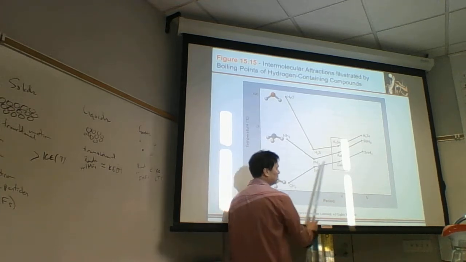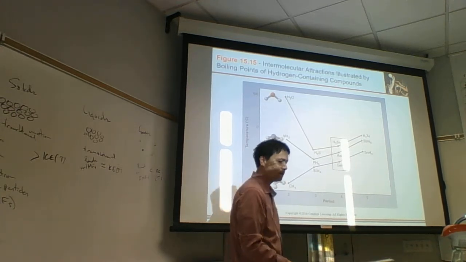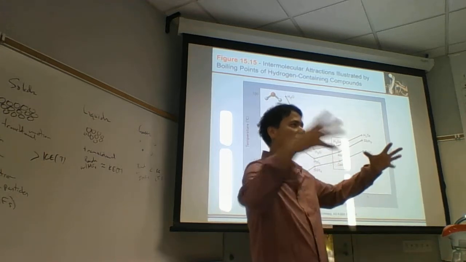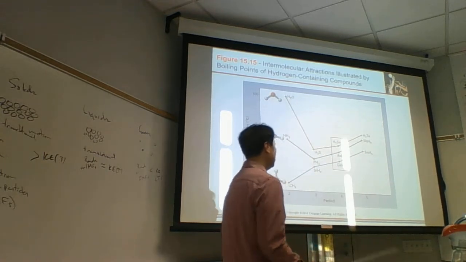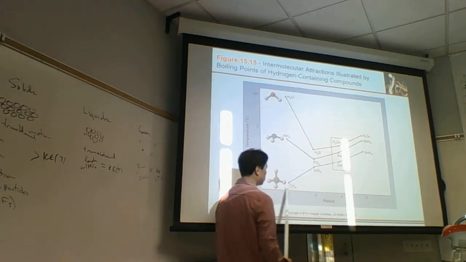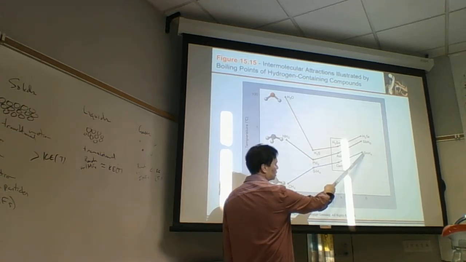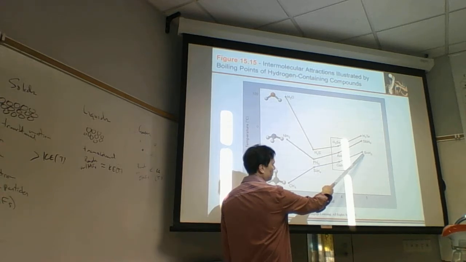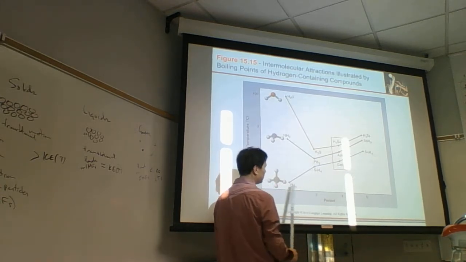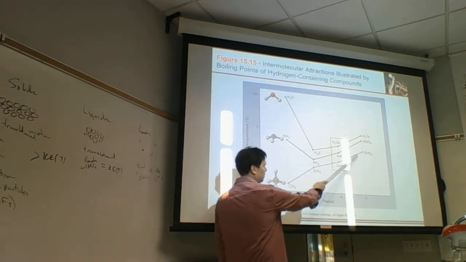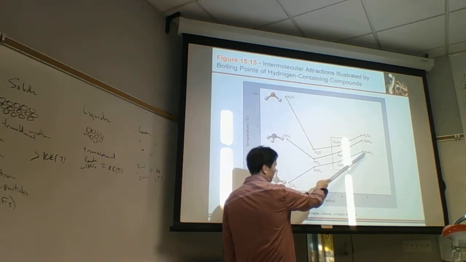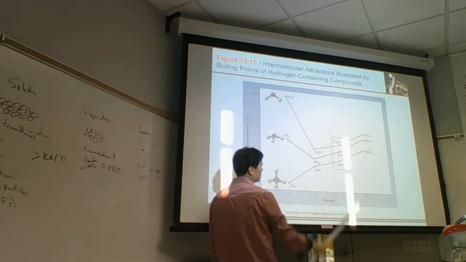The magnitude of the instantaneous dipole you can generate depends on how many electrons you have in the cloud. Tin has a lot more electrons than carbon. And so tin can generate much larger instantaneous dipoles, and hence induced dipoles, than methane can. And therefore, tin, being a bigger molecule with more electrons, has stronger intermolecular forces.